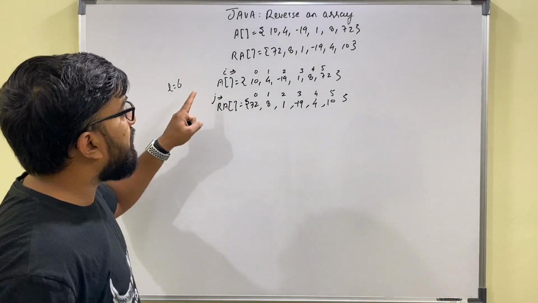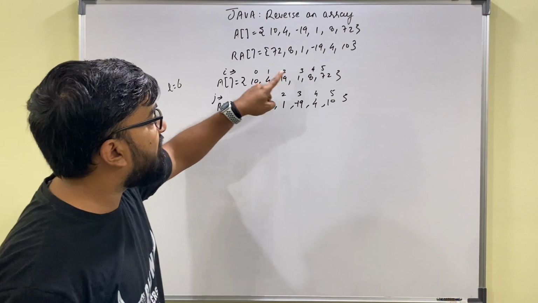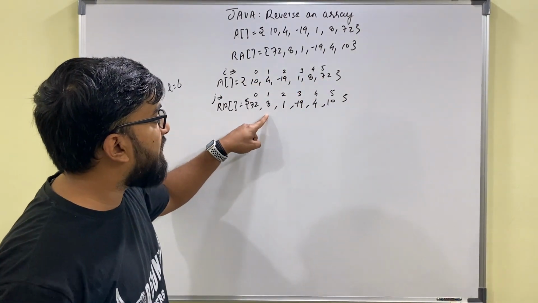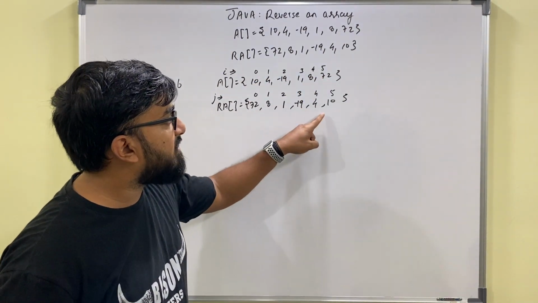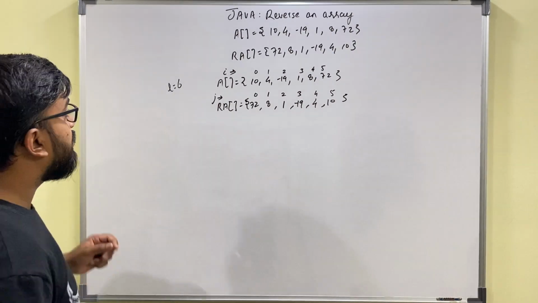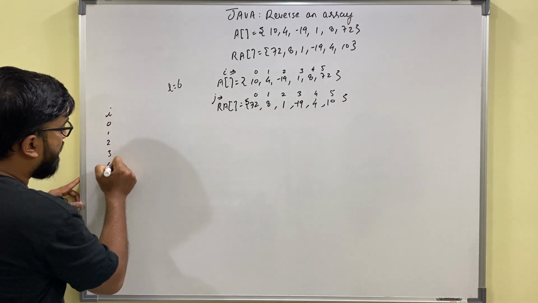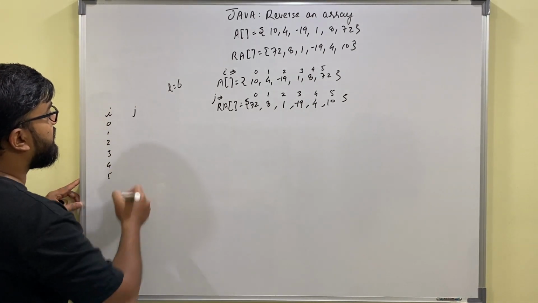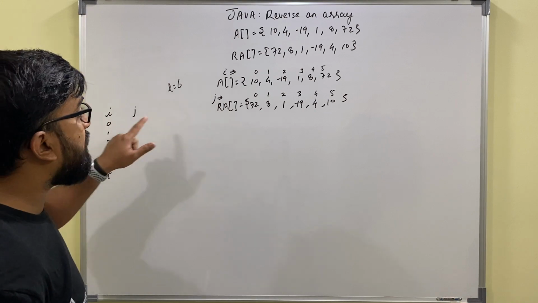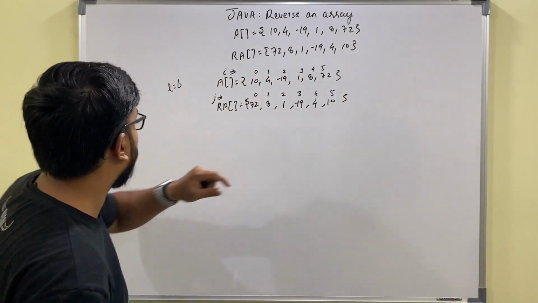So if we are able to relate the index i to index j, that is, how a value at index i goes to index j, we can find the location for these values in the reverse array. For length equal to 6, I have values of i as 0, 1, 2, 3, 4, 5 and the corresponding j. For i equal to 0, the value at index 0 goes to index 5.